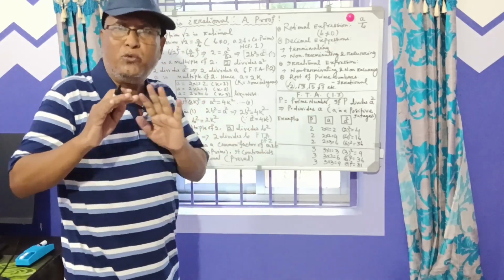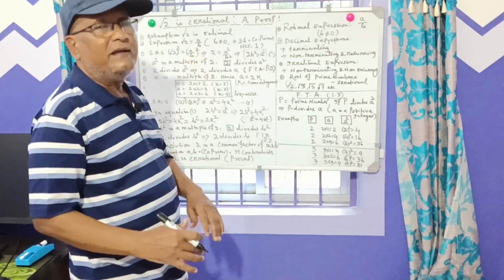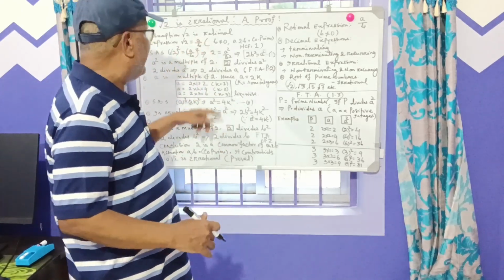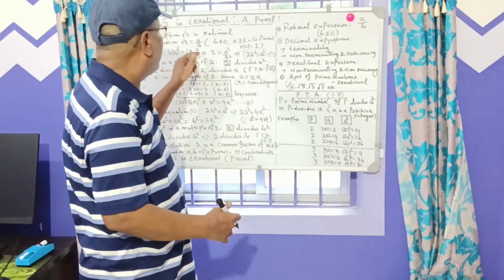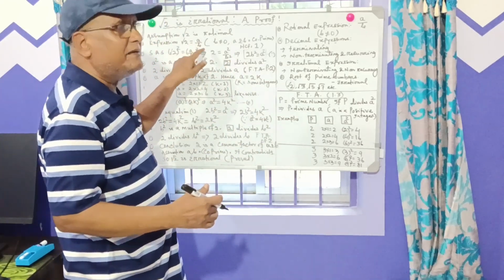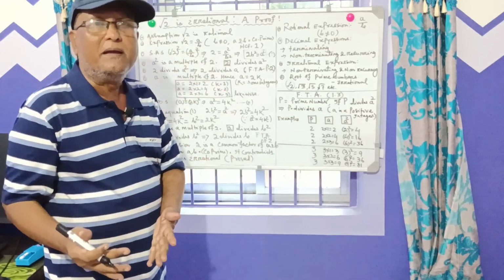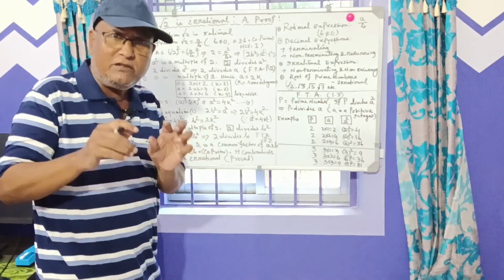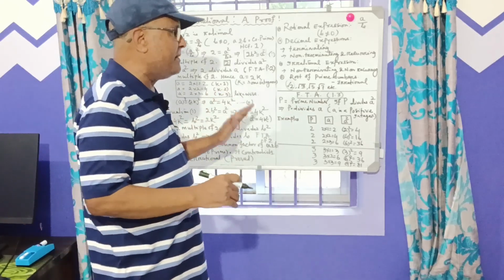And in case of root 3, similarly, you have to prove 3 divides a in the first section, and in the second part, you have to prove 3 divides b. So 3 is a common factor of both a and b. So this is the trick you have to remember.